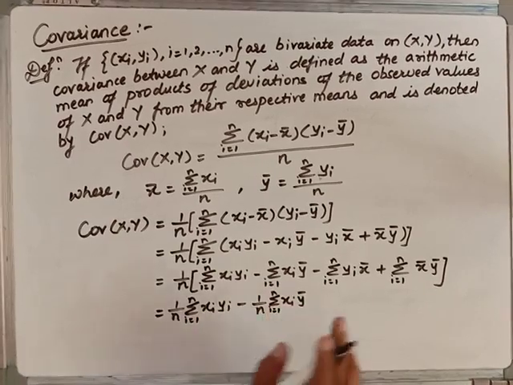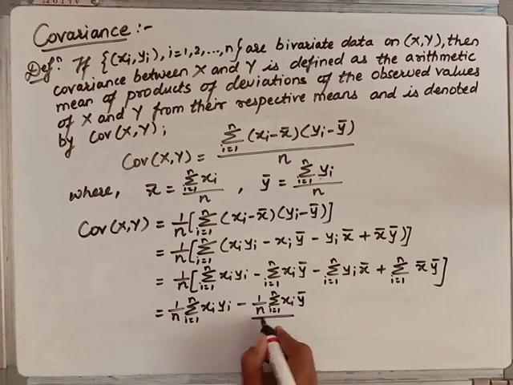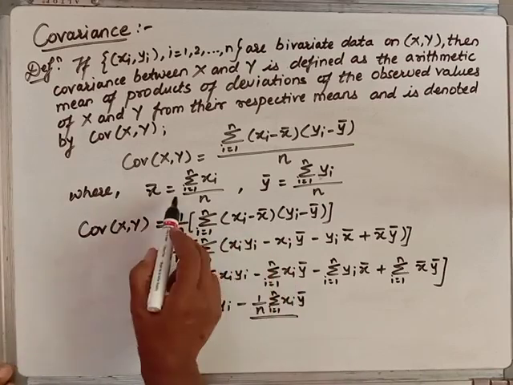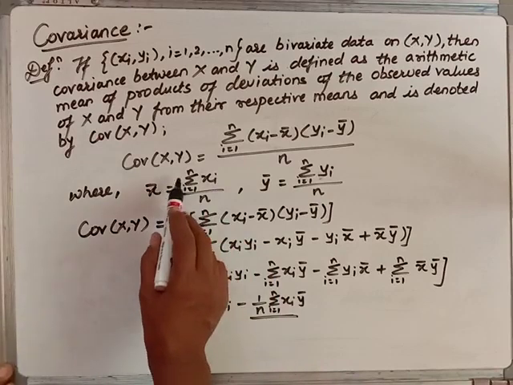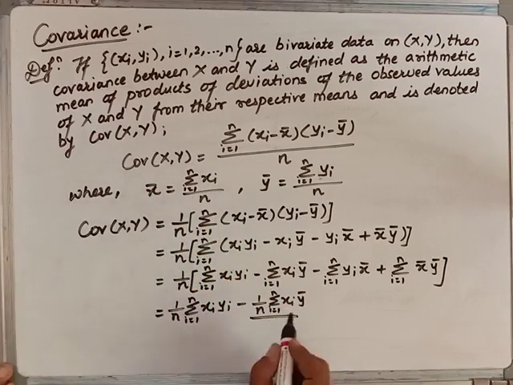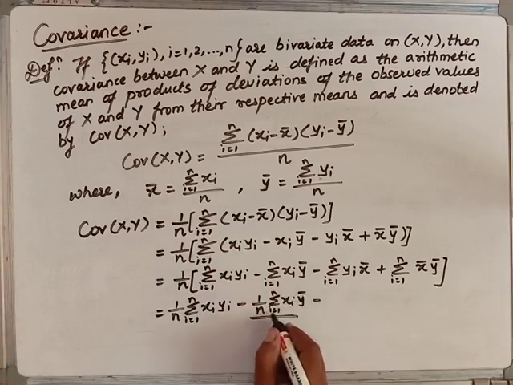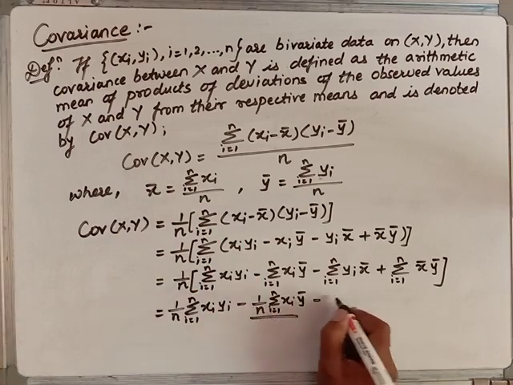I can take this y bar aside. If we see this part, it is nothing but this one. It can be written as 1 upon n times this one, so it is x bar, and this y bar is independent of i. That's why we can take it aside.